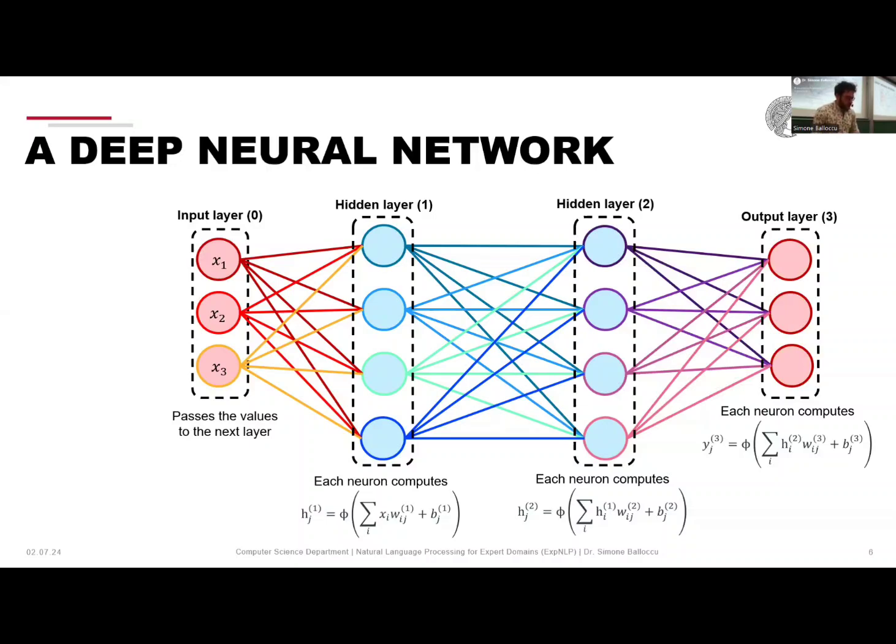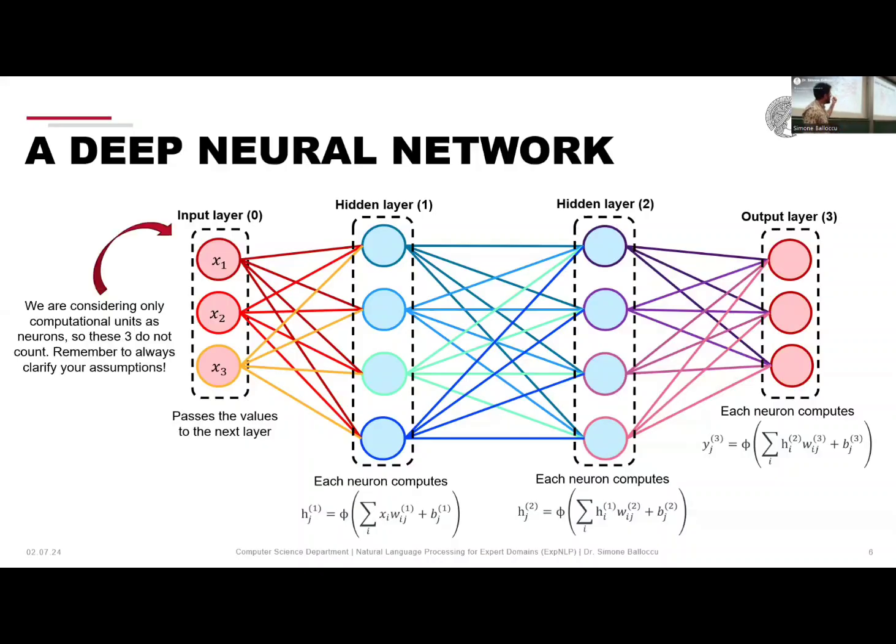Now, let's count how many layers, neurons, weights, biases this network has. What's important is that we're not going to consider the input neurons, because here I'm considering, as I defined, a neuron as a computational unit.